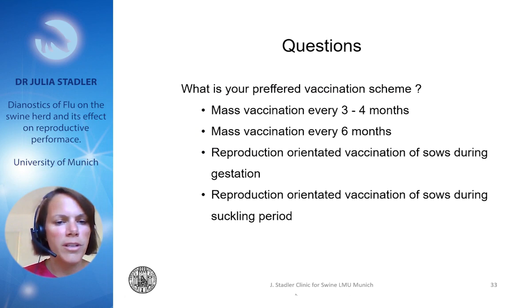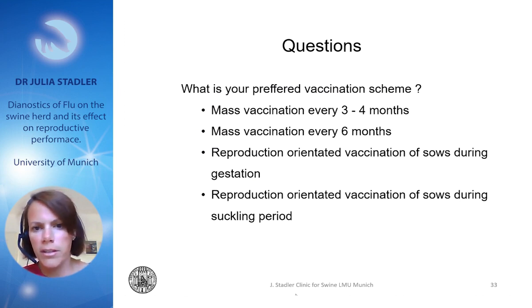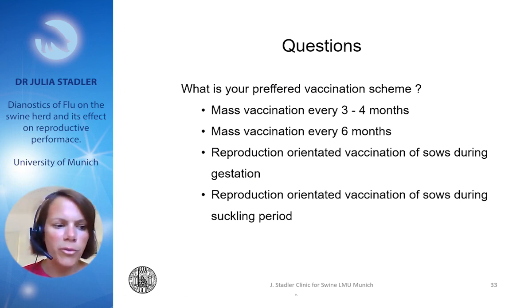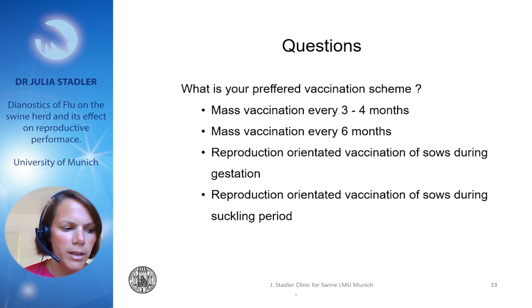That's a nice result. We always recommend performing a vaccination at an interval of a maximum of 4 months. From my point of view, it's not recommendable to extend this period to 6 months, especially not in areas with a high pig density, where you have a continuous high risk of introducing influenza through aerosols from neighboring farms.